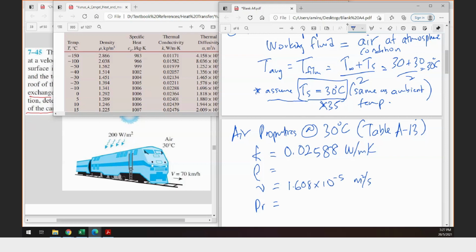Density, no need. Prandtl number is 0.7282.